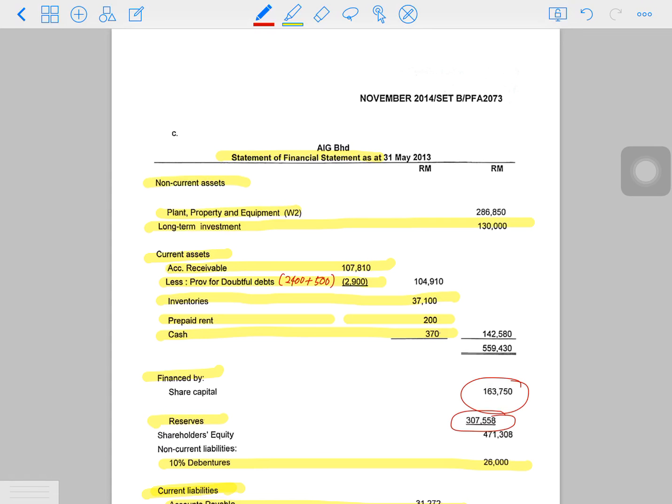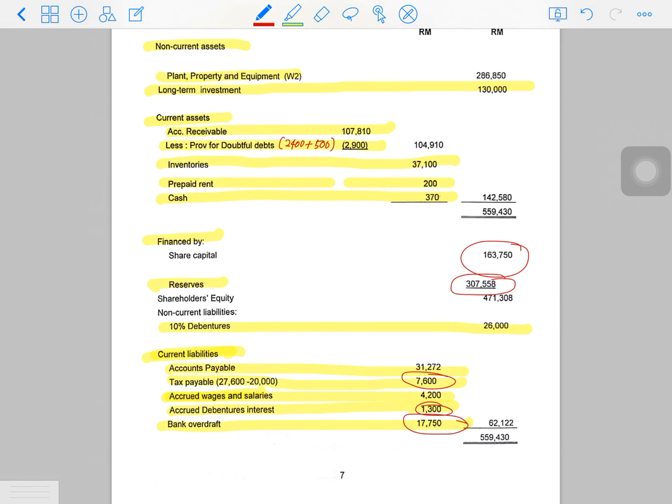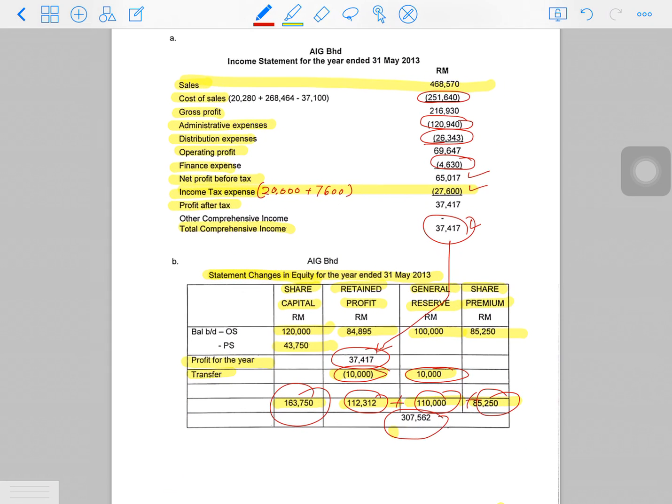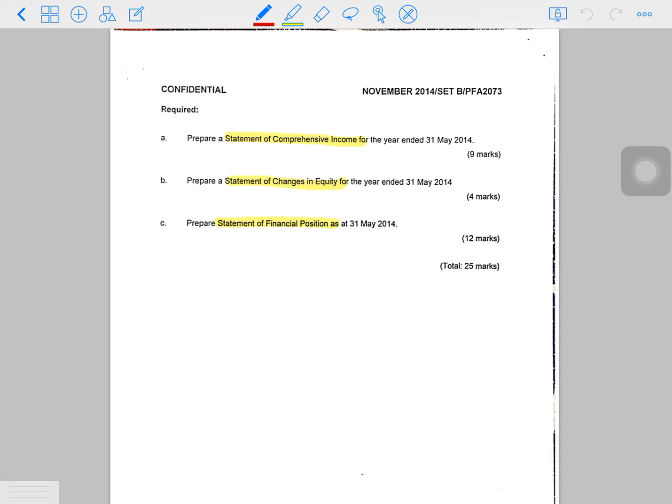Dia tersilap kat sini. Cuba kira. Dia tersilap tak? 112,312 plus 110 plus 85,250.